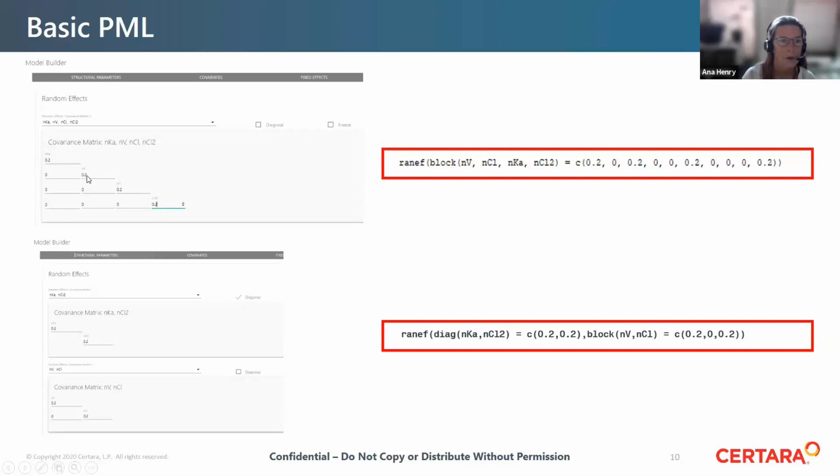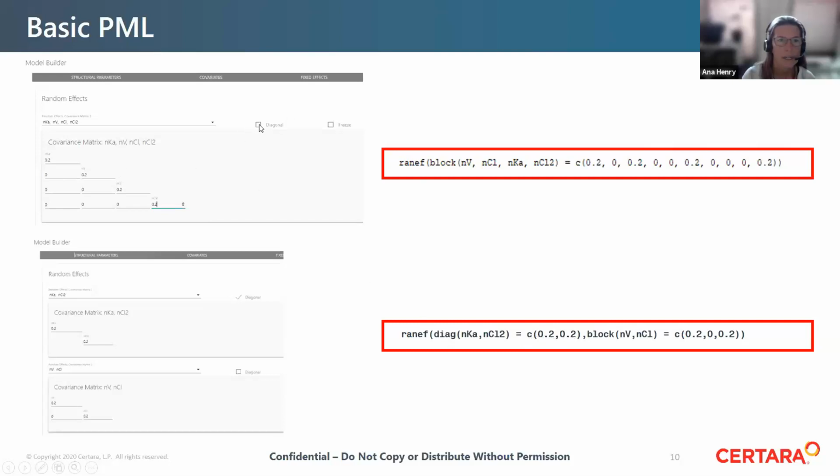So if you want to have them independent and no type of correlation between them, you click diagonal, and then you can enter those initial values in the diagonal matrix. If you have a diagonal only, it looks like this. It has diag, the name, all your terms in there, and then the initial estimates in this C vector.